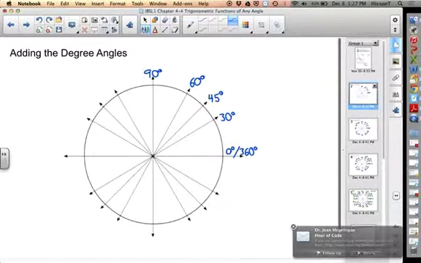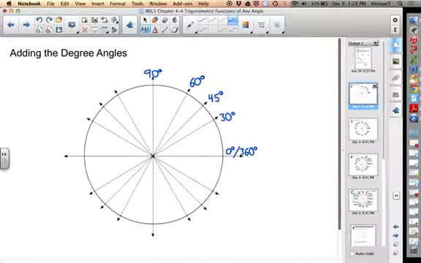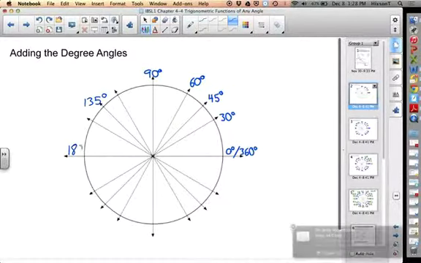I start at 0, then I go to 45. The next 45 is here, that's 90 degrees. The next 45 would be here, so that is 135 degrees. The next 45 is right here, so that's 180.